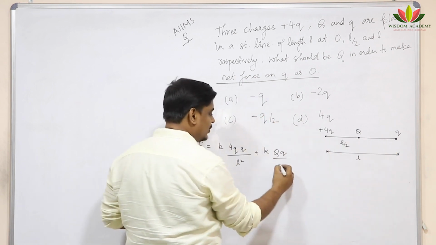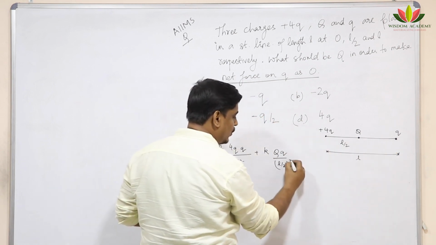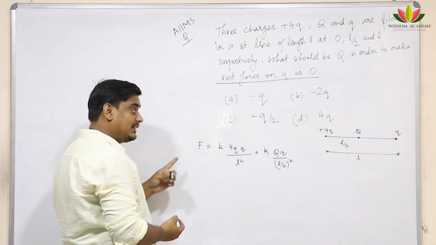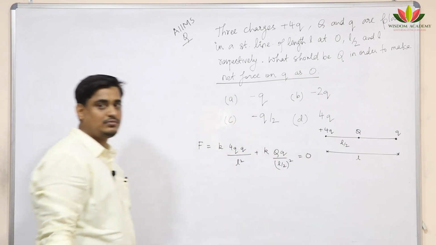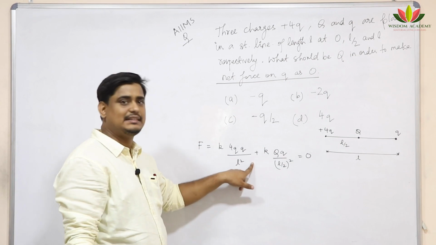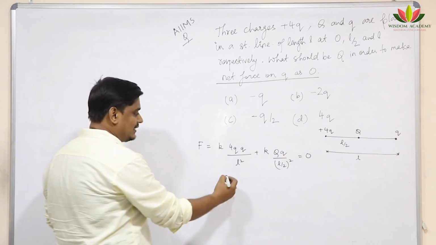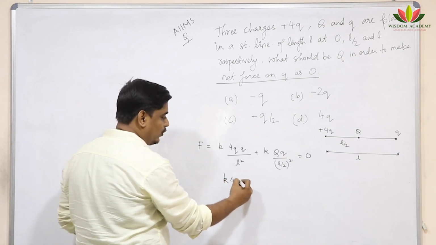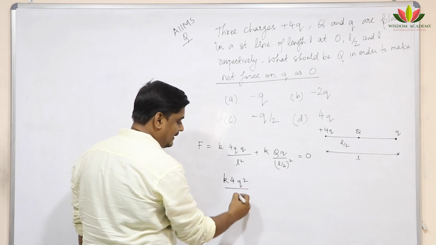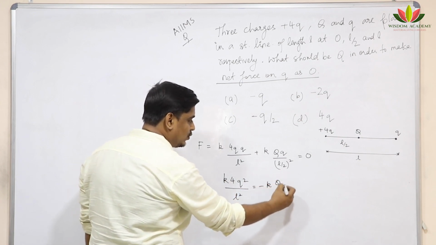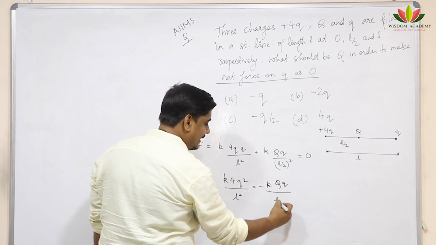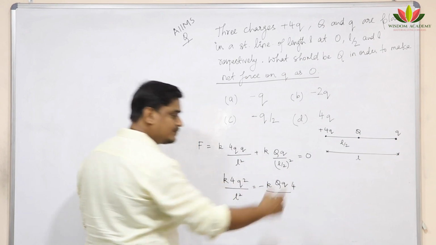It will be L by 2, so L by 2 the whole square. And this force is equal to 0. The moment I do this, I'll get the answer. So I'll get K 4 q square by L square is equal to minus K Q q by L by 2 the whole square.